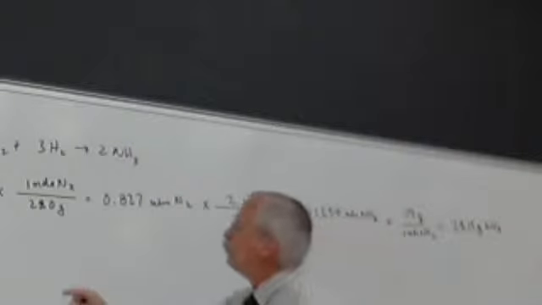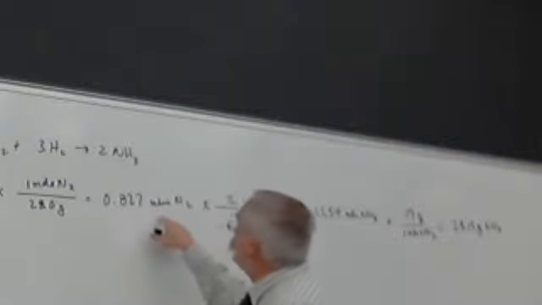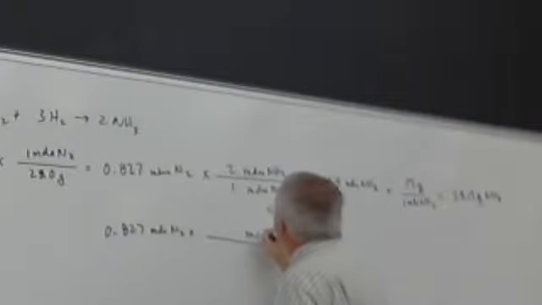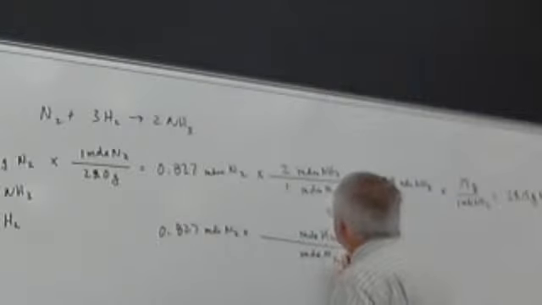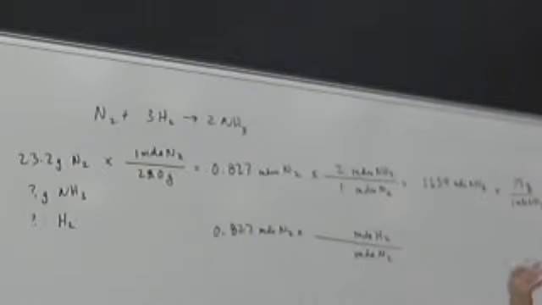Okay. And then to do the hydrogen, we've actually got some of the work done already. We can use the moles of nitrogen, so we can just jump to this step and save that amount of work. And now we are looking for hydrogen, knowing nitrogen. And where do those numbers come from? Equation.